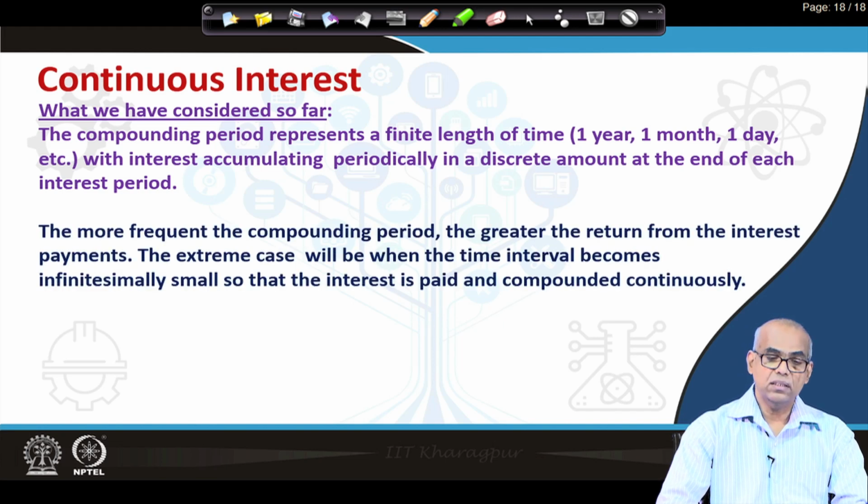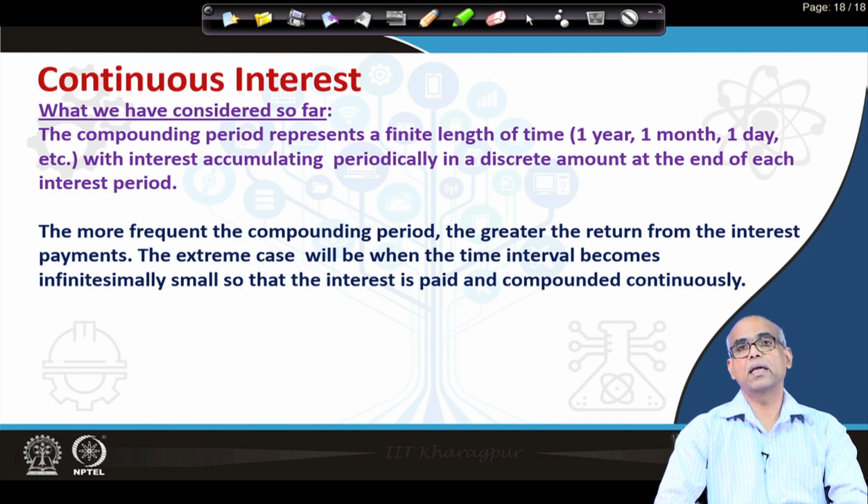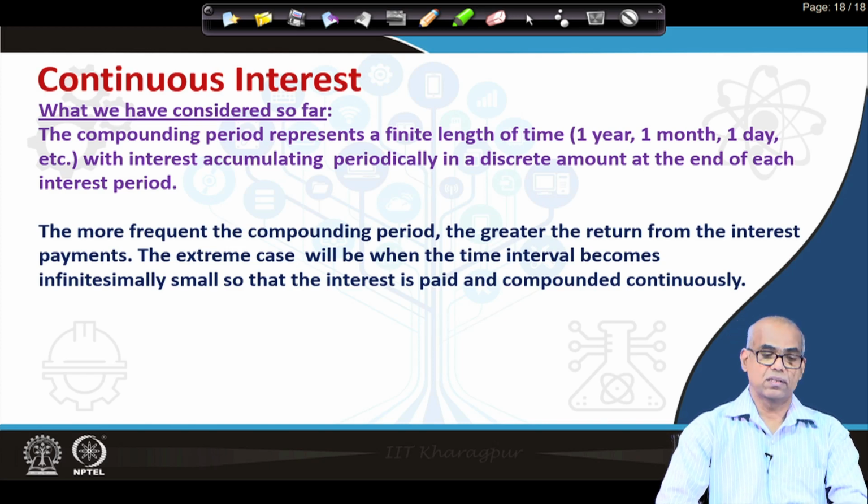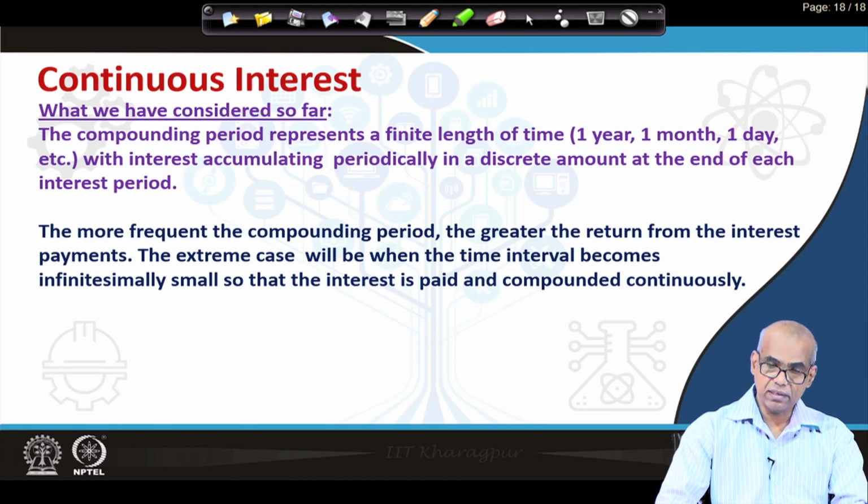We have also seen that if this interest is compounded frequently, then the total amount at the end of the interest period increases. So, the more frequent the compounding period, the greater the return from the interest payments.